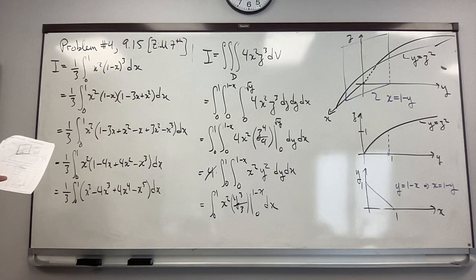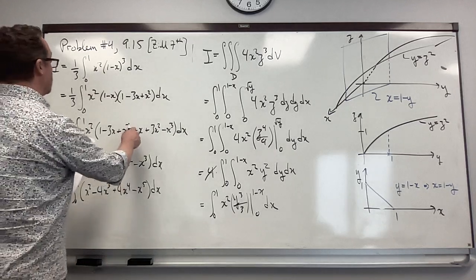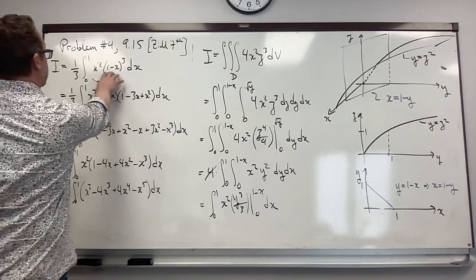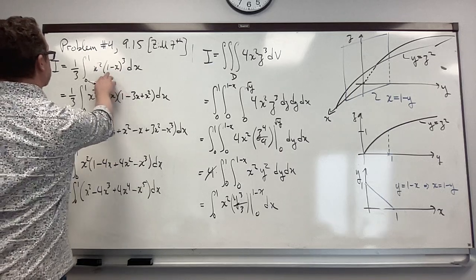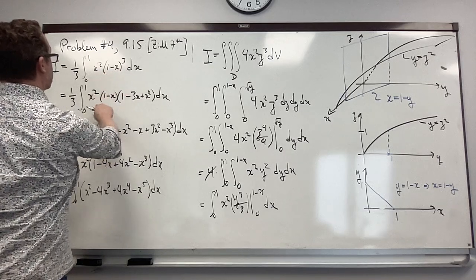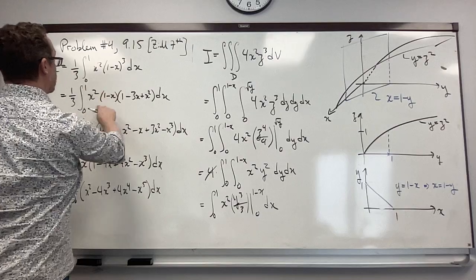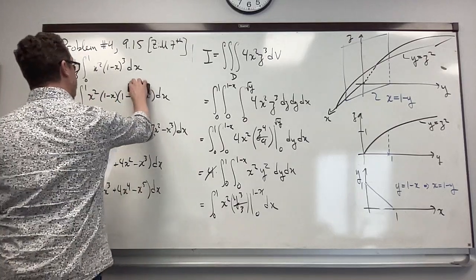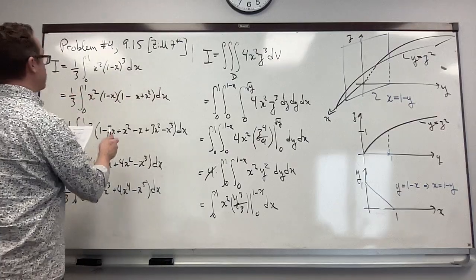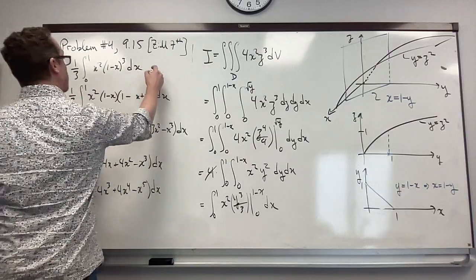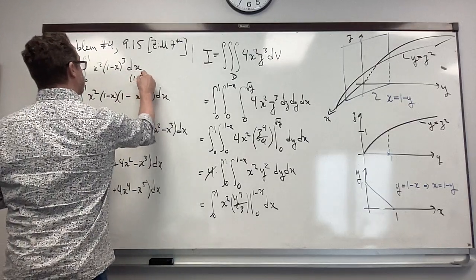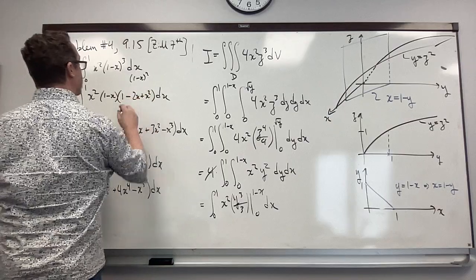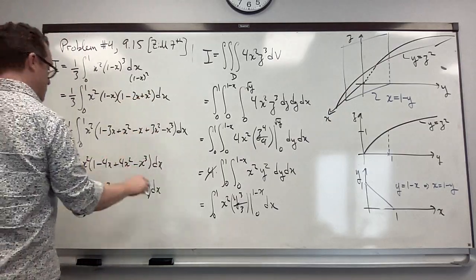Let's see here. 1 minus x squared is... oh yeah, right here. This should have been 1 minus x squared, so that should be 1 minus 2x plus x squared.